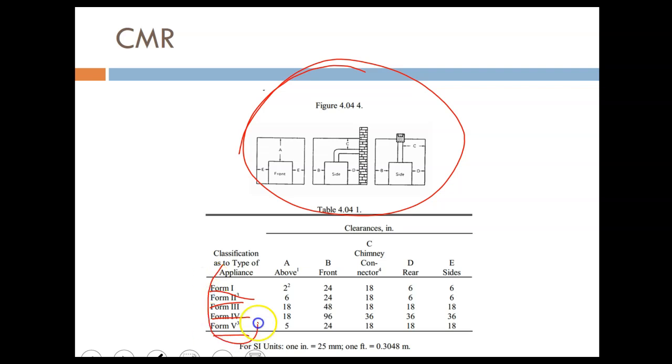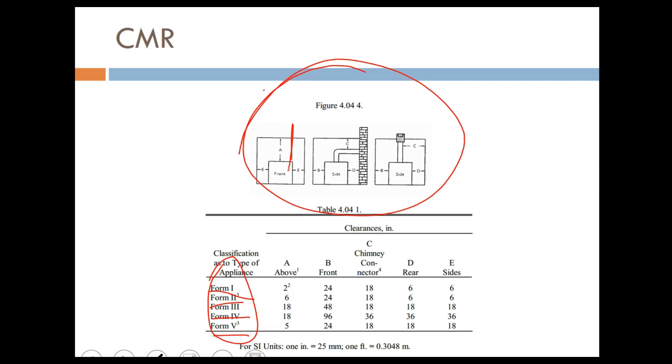You have to look for the boiler among those appliances. I think they are rated based on the size. So if you have this size, let's say form A, A is the distance from the top. I don't know what they mean by 2 square 4. I'm not really sure, but it's in inches, I believe.